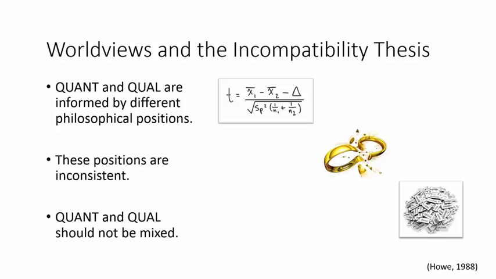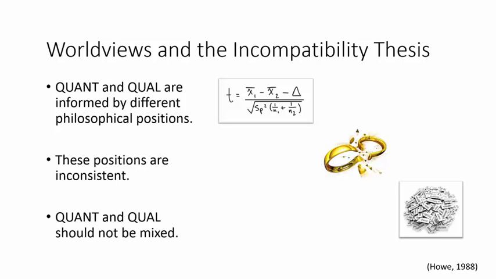Now, like I said, the mixed methods world had to respond to this in some way, because the whole idea of mixed methods is based upon mixing these forms of inquiry. And I suppose there are different ways that you could respond to this argument. You could disagree and say, well, quantitative and qualitative inquiry are not informed by different philosophical positions.